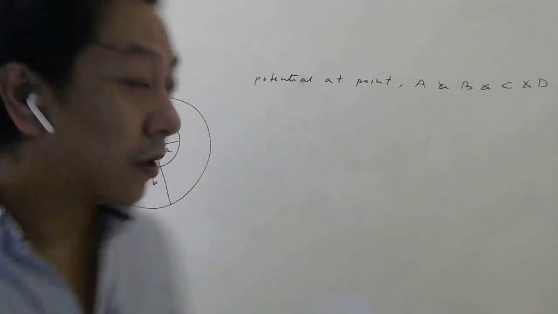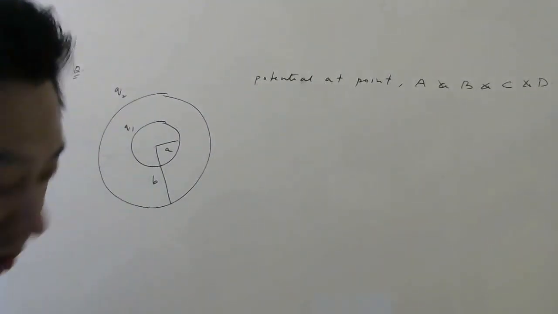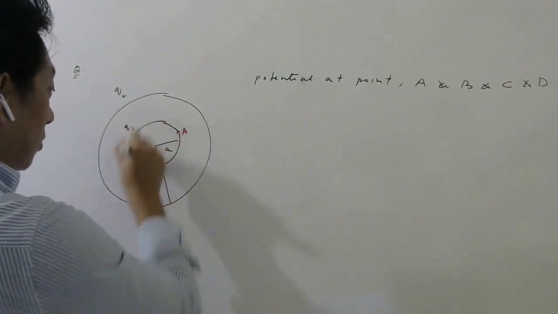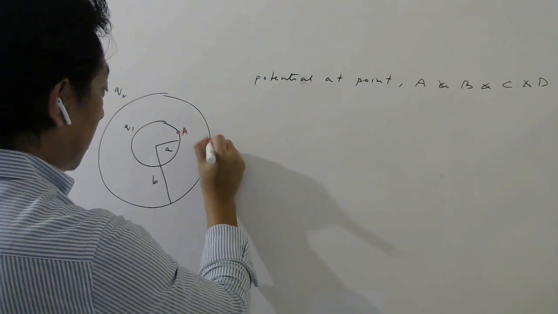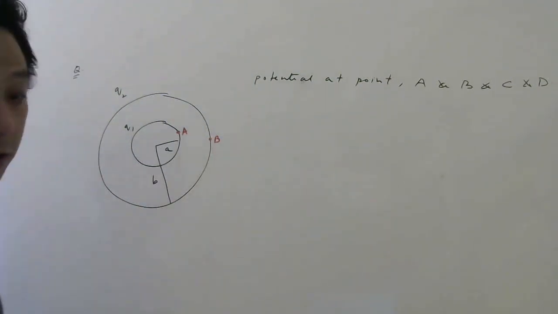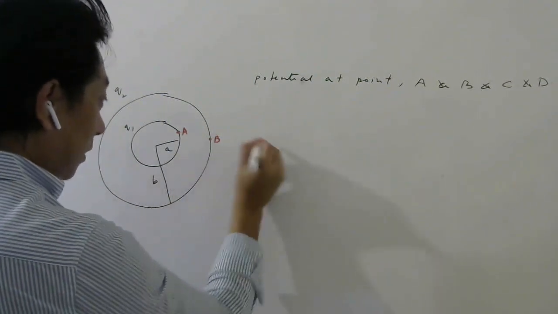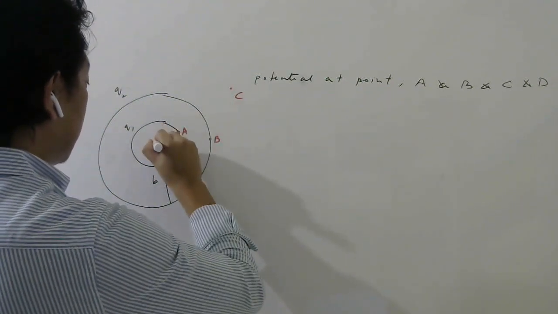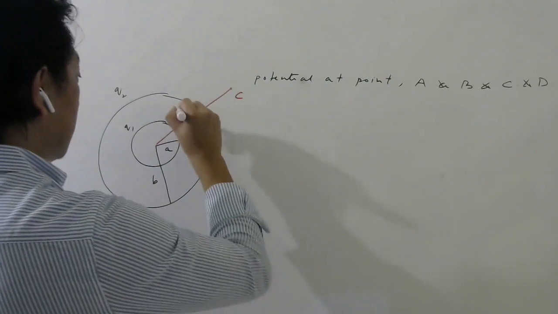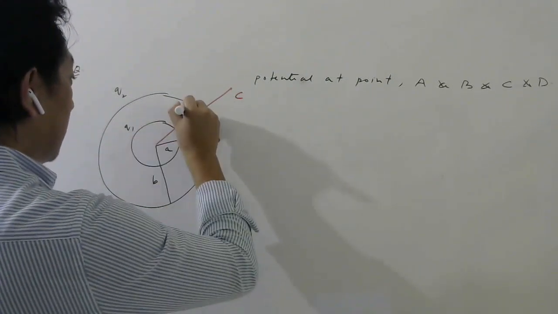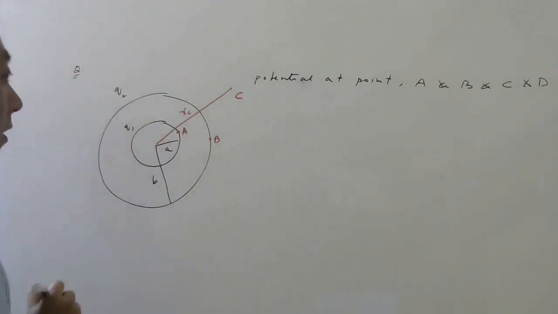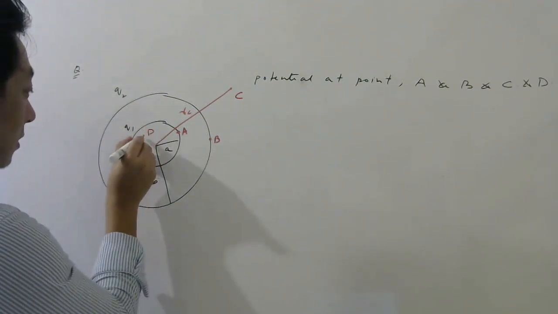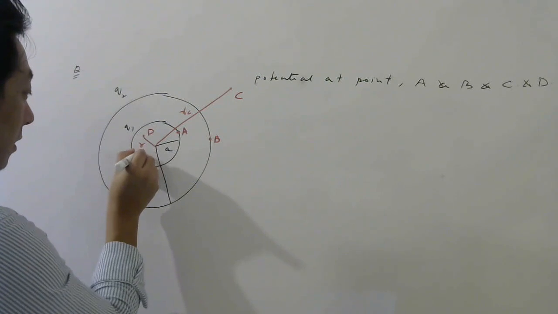Okay students, where are these points? Let me mention them. A is on the surface of the inner shell, B is here, C is somewhere here at a distance RC, and D is at a distance RD.